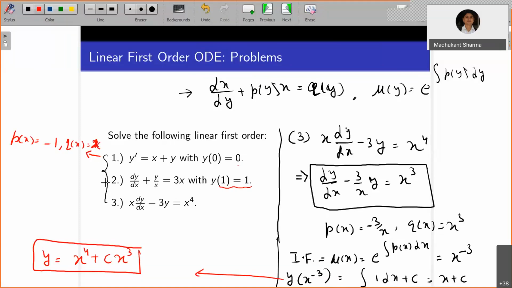Now for the second problem, p of x is 1 by x and q of x is 3x. Straightforward if you compare with the original equation.